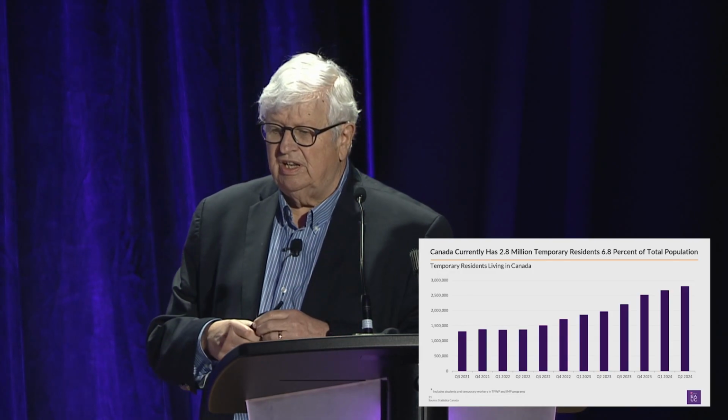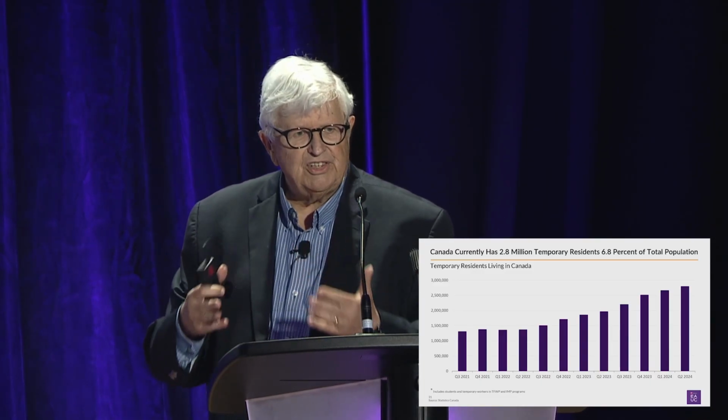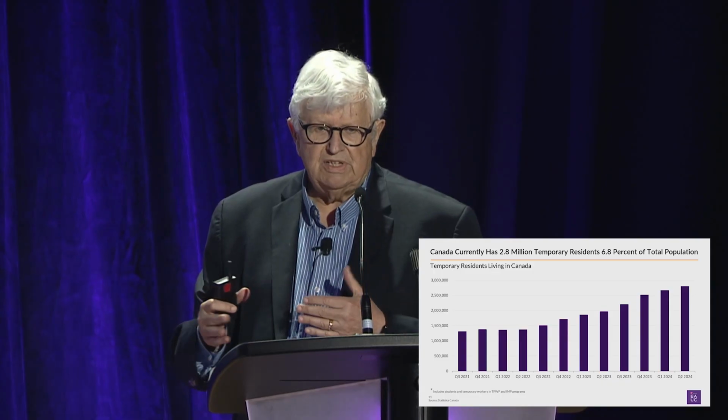Clearly, as I mentioned, this has put tremendous pressure on housing, on the providing of health services, other services, and the government has decided they've got to do something about this under pressure, and has announced that they want to bring back the number of temporary residents to a level of 5% of our population over the next 3 years.